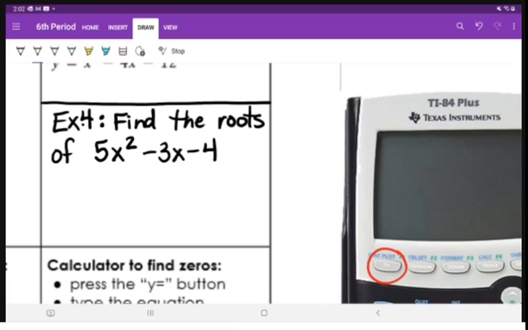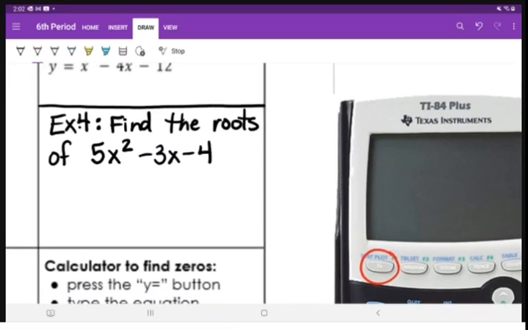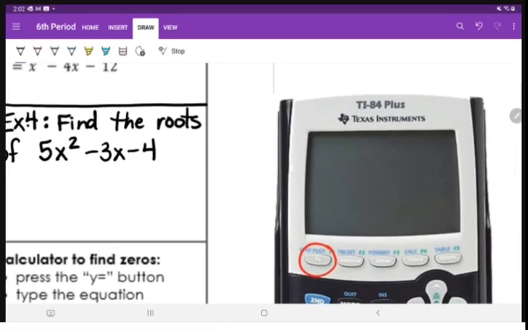And then when you're done typing, double check it, make sure you typed it right. Then you can hit graph. If you're looking at a standard window, your graph should look kind of small, actually. It's like really skinny. Kind of goes like this, right in the middle of your page.